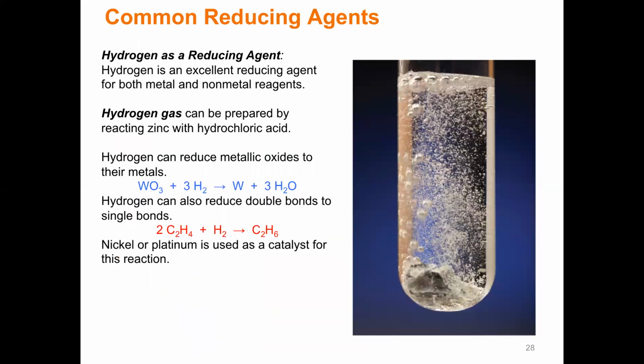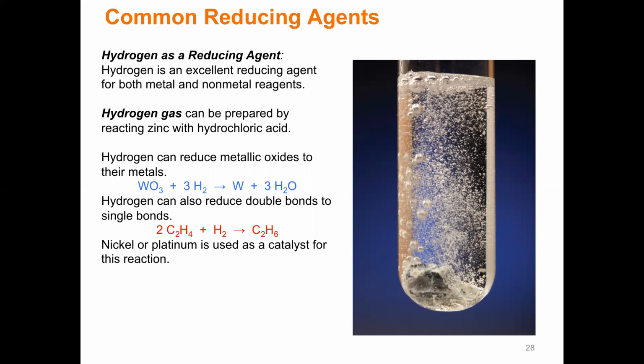I said hydrogen is a very, very common reducing agent. It's really good for both metals and nonmetals. Hydrogen gas can be produced by reacting zinc with hydrochloric acid. So there's a way of producing hydrogen gas if you're talking about making that for a fuel cell, for example.